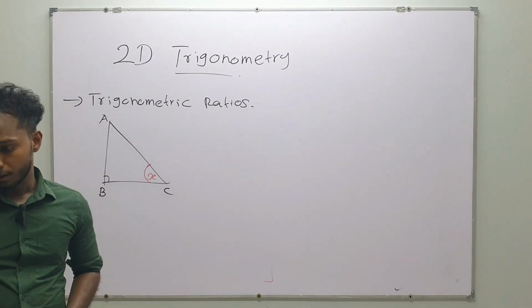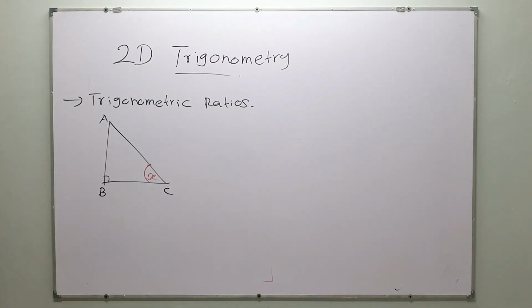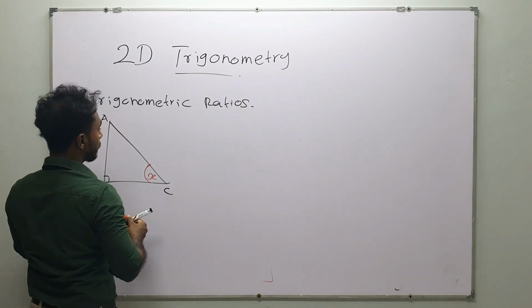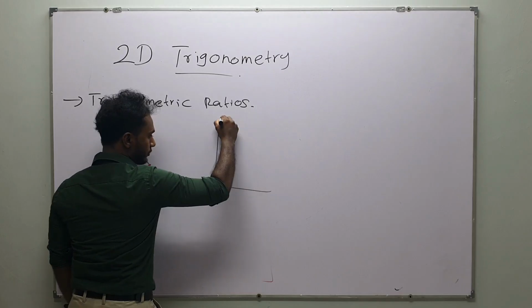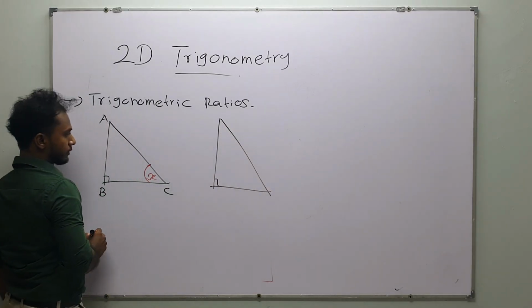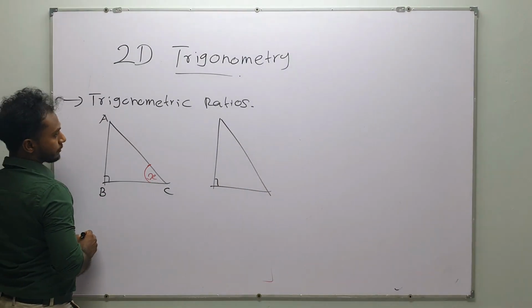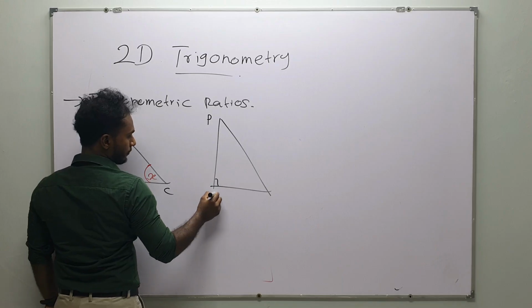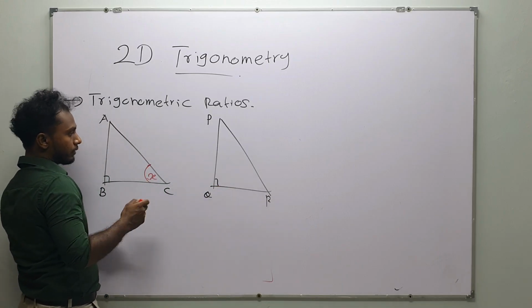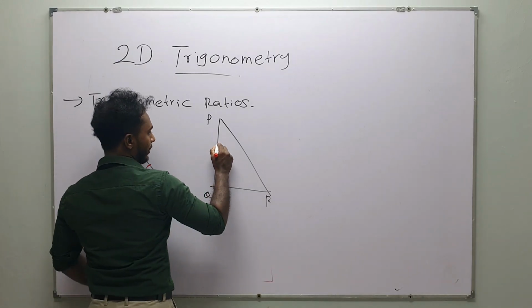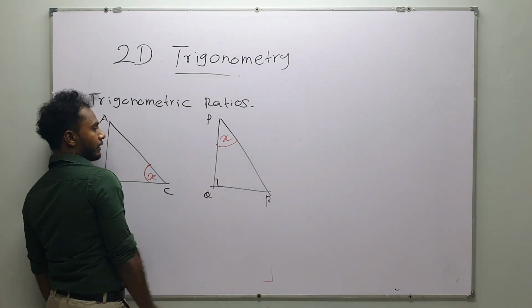Okay, then I will draw another triangle using the same orientation like this. This will be triangle PQR. Then this angle I will take as x for this particular triangle.